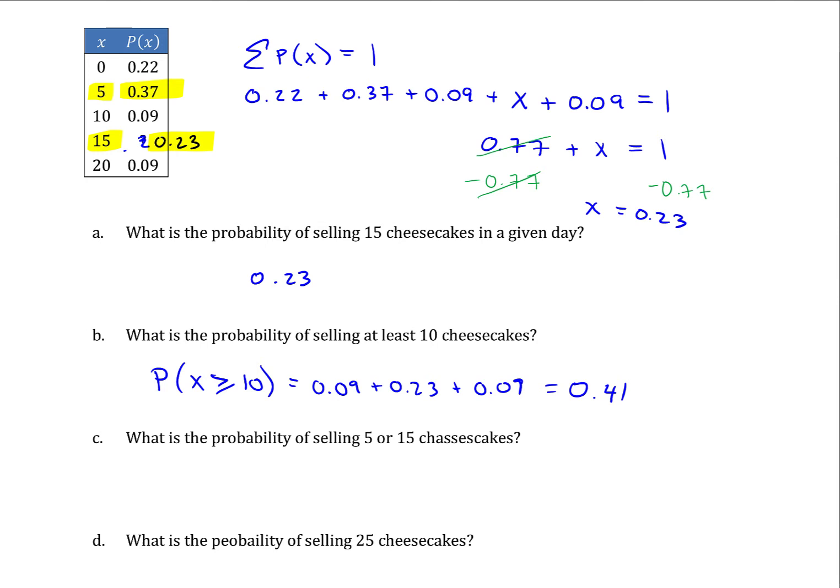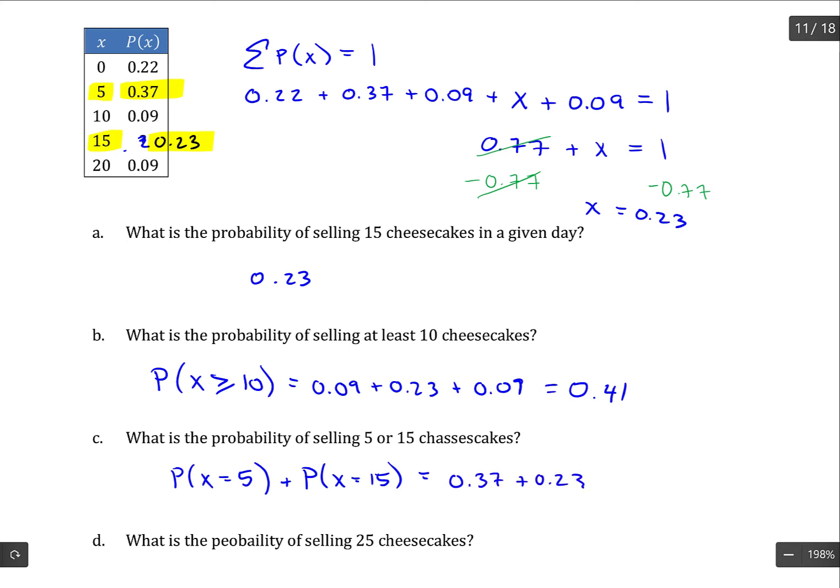There wouldn't be any overlap because all of these probabilities in the distribution are disjoint from one another. They're mutually exclusive. So we would just take the probability that 5 cheesecakes are sold plus the probability that 15 cheesecakes are sold. 0.37 plus 0.23, which is 0.6.